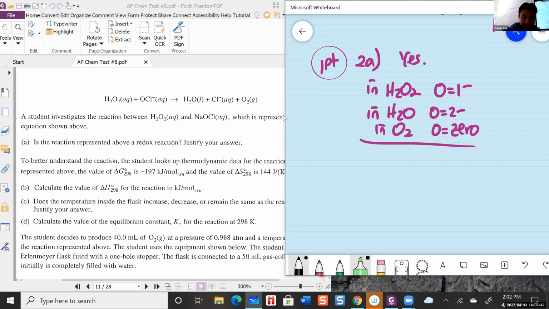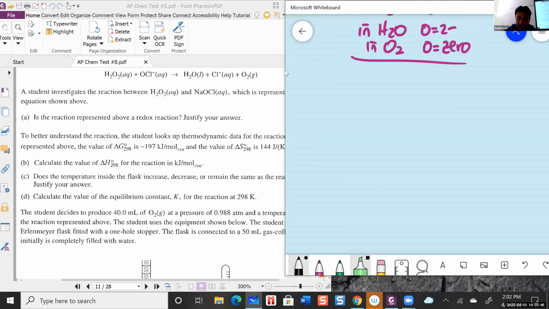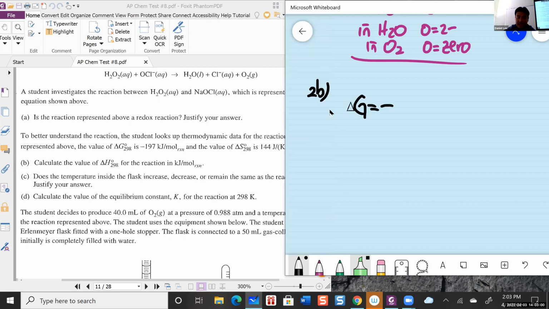Let's look at part B. So this is thermodynamics now, right? Okay, and to further understand the reaction, the student looks up thermodynamic data. Okay, so it said delta G is negative 197. That means spontaneous. Equilibrium constant is greater than 1, right? Every time delta G is negative, the first thing that pops to mind is that the reaction is spontaneous.